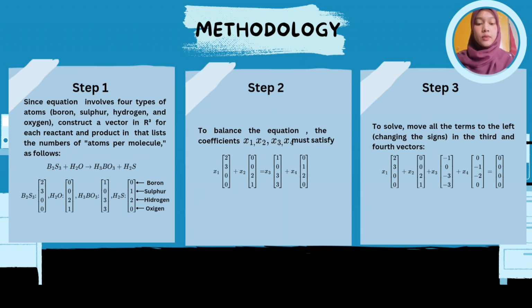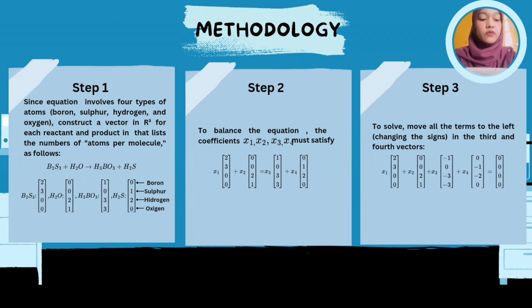Step 2. To balance the equation, the coefficients x1, x2, x3, and x4 must satisfy x1(2, 3, 0, 0) plus x2(0, 0, 2, 1) equals x3(1, 0, 3, 3) plus x4(0, 1, 2, 0). Next, step 3.